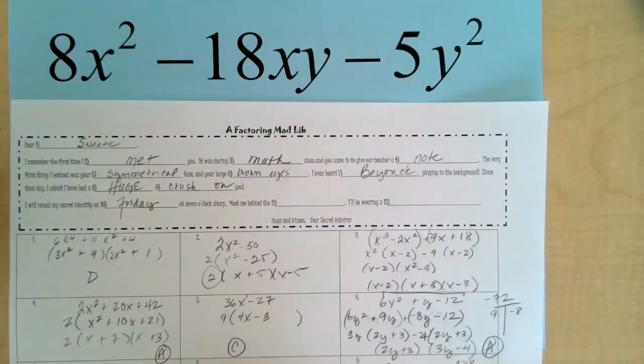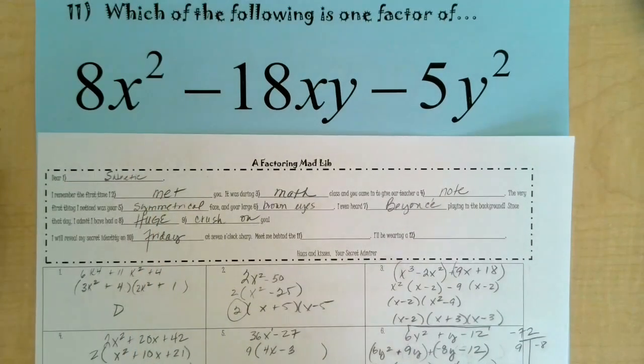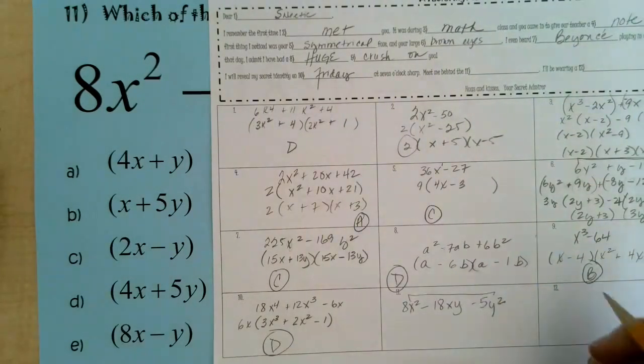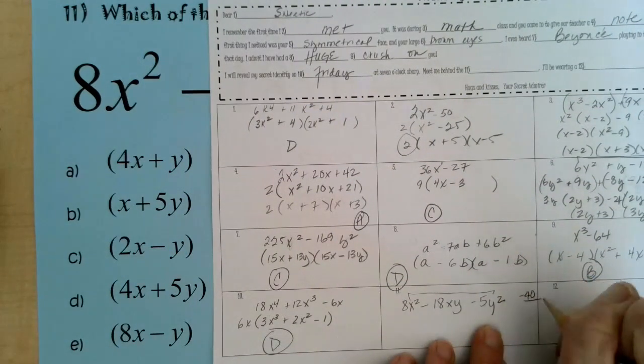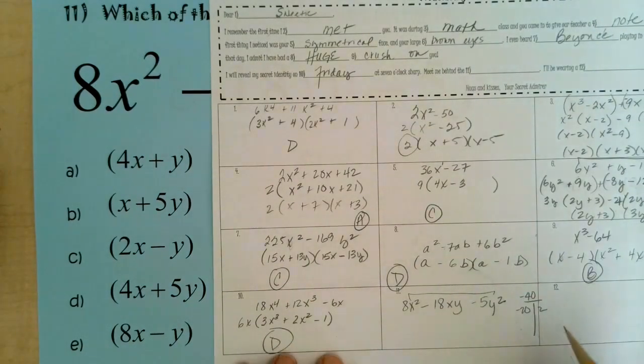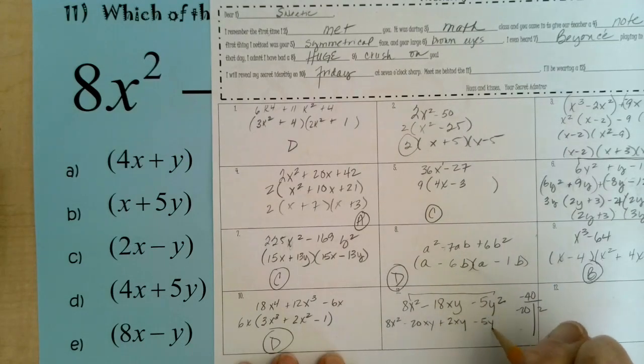So I have 8x squared minus 18xy minus 5y squared. All right, so when I look here, I'm going to go ahead and do the AC method, magic number negative 40. So it's going to be negative 20 and positive 2. So I have 8x squared minus 20xy plus 2xy minus 5y squared. Factor by grouping.